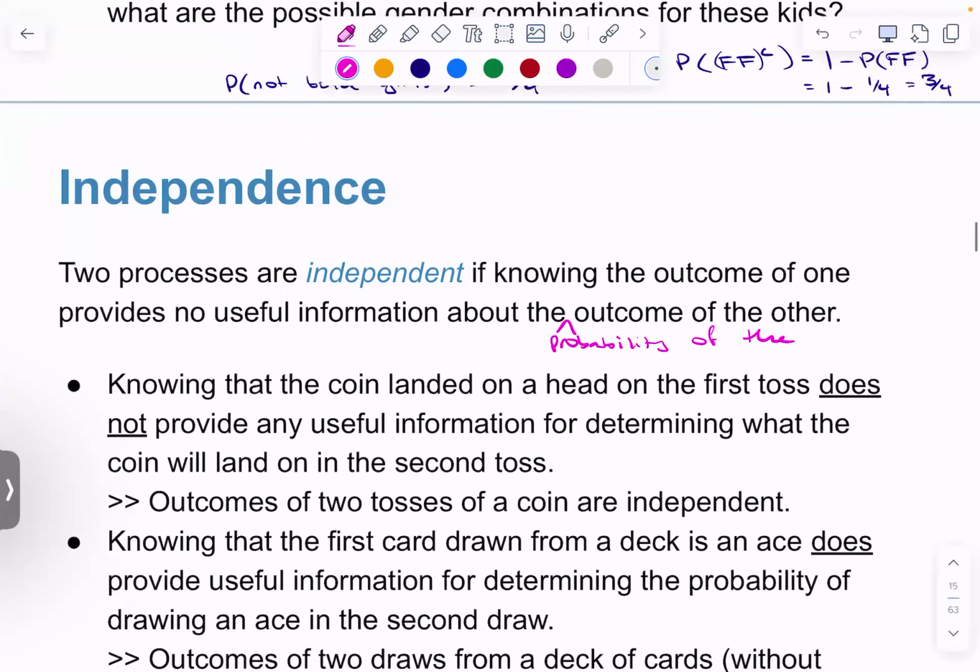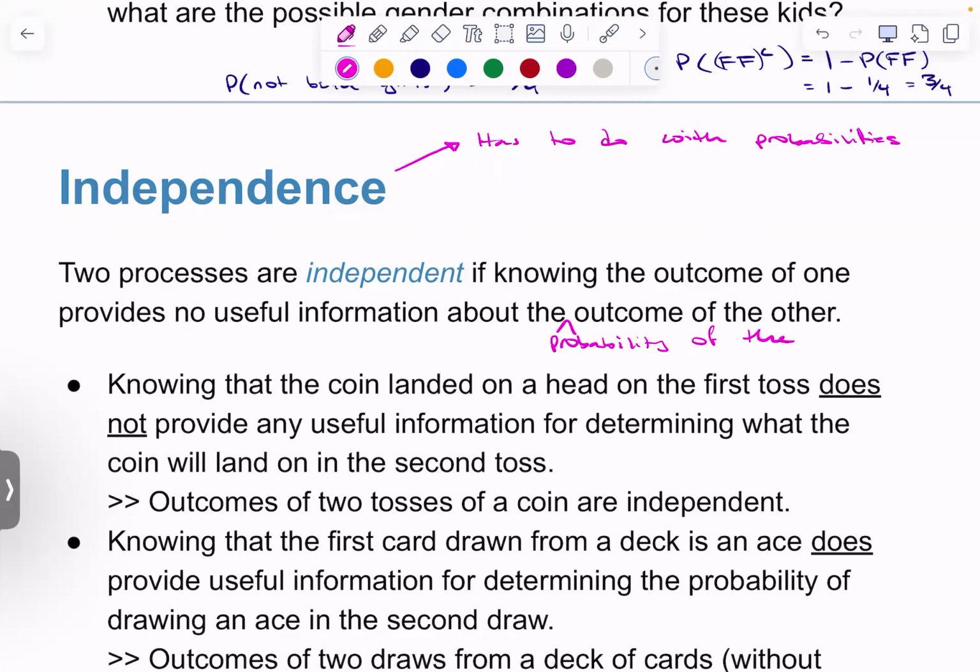So independence has to do with the probabilities. Knowing that I've tossed heads 10 times doesn't change the probability of heads on the next try. The probability stays the same.